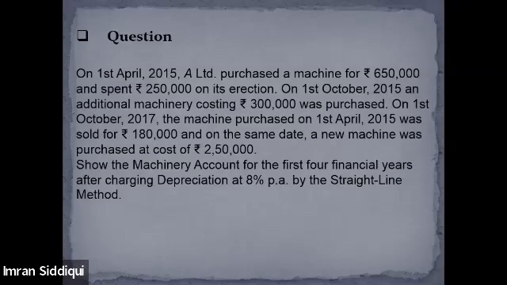Anyways, this question requires us to prepare the machinery account for the 4 financial years. First of all, you'll have to make a ledger for the year 2015-16, right? Then for 16-17, 17-18, 18-19, and 19-20. For 5 years, we need to prepare the ledgers. So let's do that. I want all of you to note this down along with me.